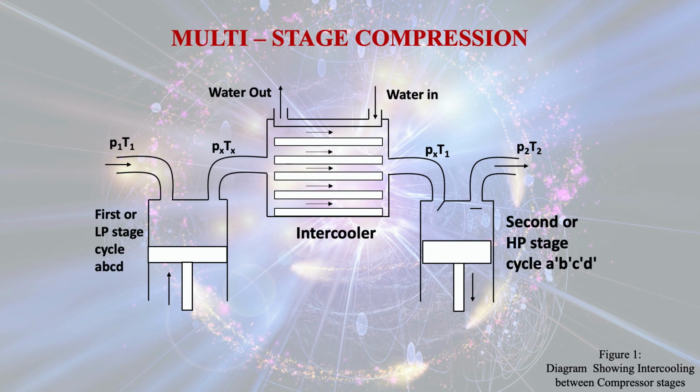So the final pressure of the second stage of high pressure compression is P2 and temperature will be T2. This is the process of intercooling between compressor stages. Now we talk about the intercooling.